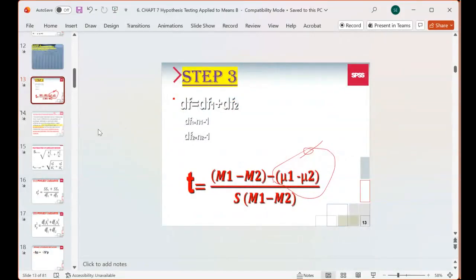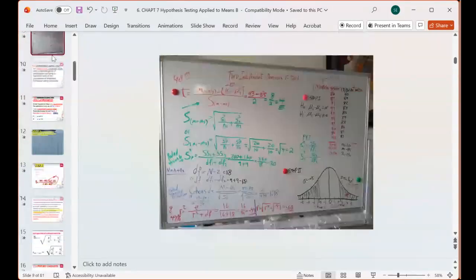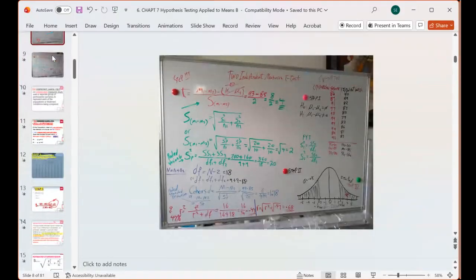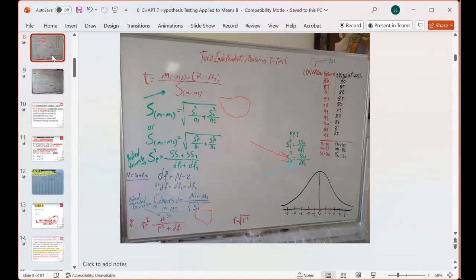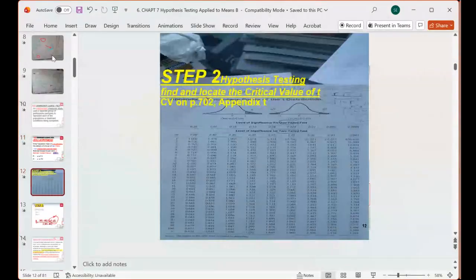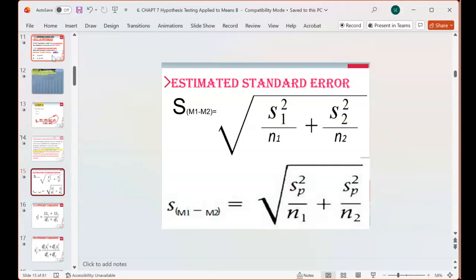Like I said, this slide has all the formulas you need for this chapter. It's the same thing as this one. We already talked about them. These are individually explained: the t-test and estimated standard error, the detail about it.